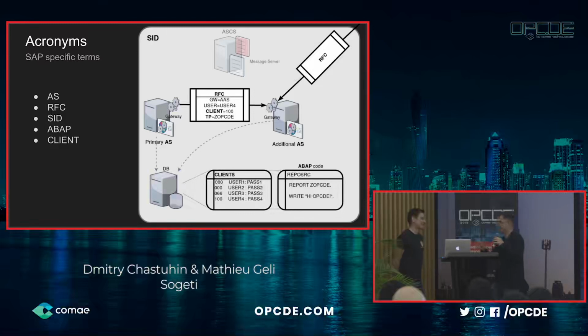In SAP terms, that's, wait, let me check. Yeah, remote function call. Sorry, because there are different acronyms that can be misleading. So they use this protocol to communicate and to exchange business information between application servers.